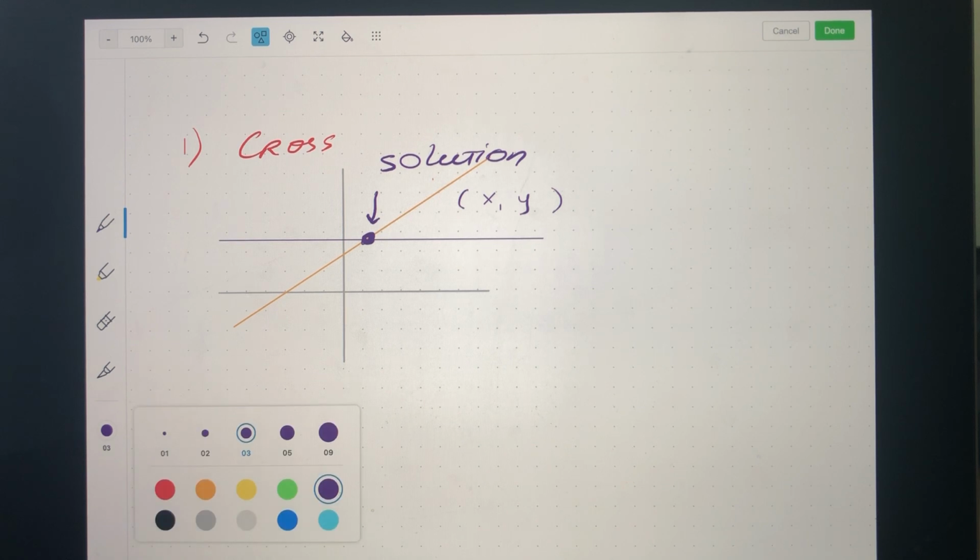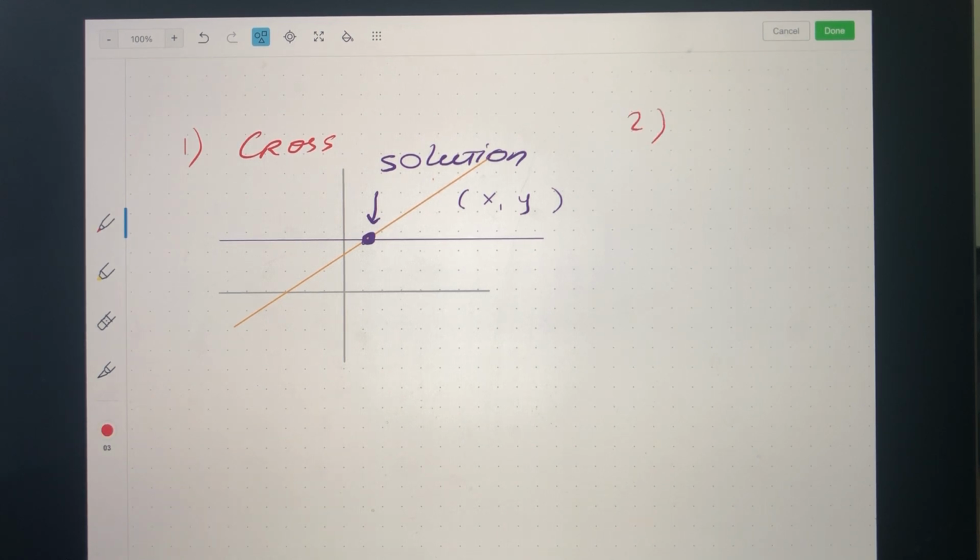Now, a different possibility is we could have lines that do not cross. So here is choice 2, lines don't cross. And that of course happens if the lines are parallel. So a quick sketch for the parallel lines. Here is a grid, and let's make two lines running side by side.